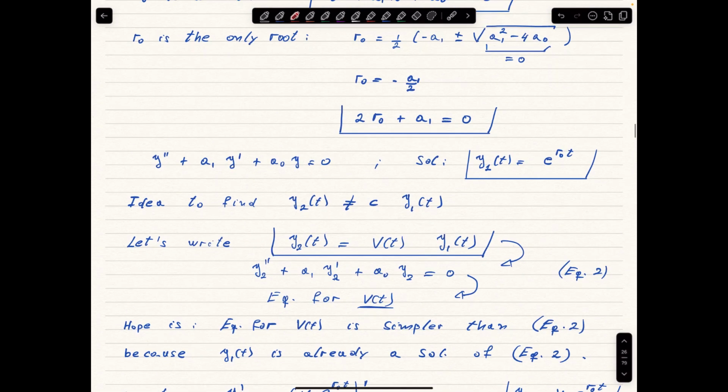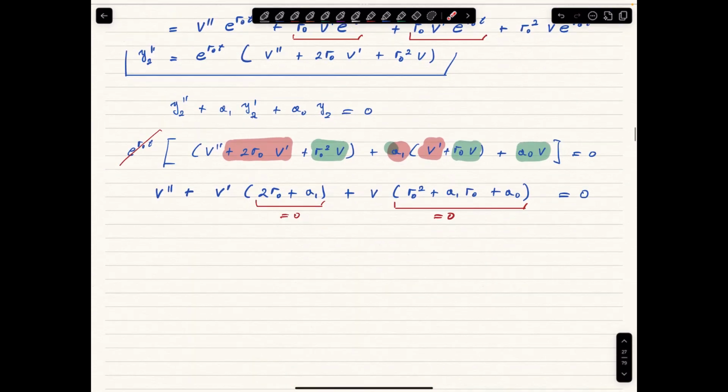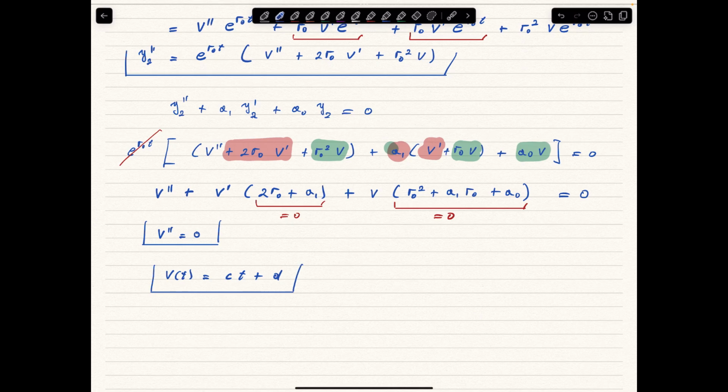Because r0 is the only root. It's repeated. So actually, the equation for v is simpler. It's just v double prime equals 0. That's the equation for v. So yes, it was simpler. And we know what the solutions are. The solutions are v of t, an arbitrary constant multiplied by t plus another arbitrary constant. And with v, we have all the solutions for y2.